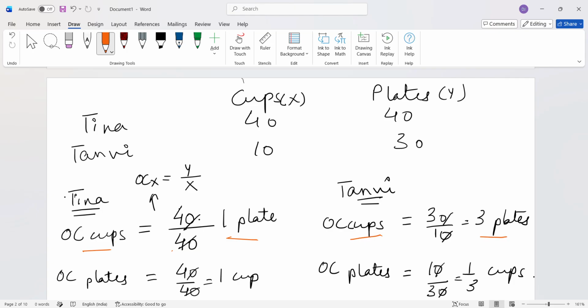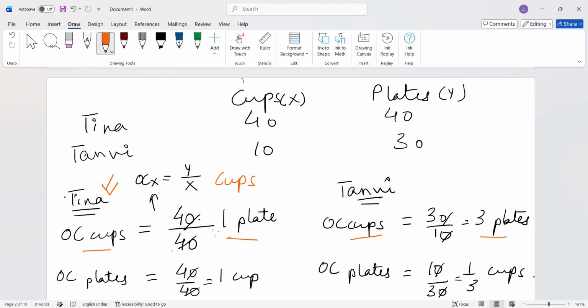So obviously, Tina has a lower opportunity cost for cups. So Tina would be producing cups. Thereby meaning that the producer or the country who has a lower opportunity cost will be more efficient in the production of that particular good and will be producing that good.